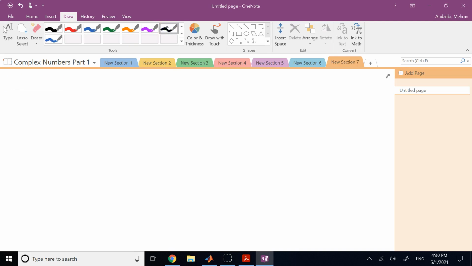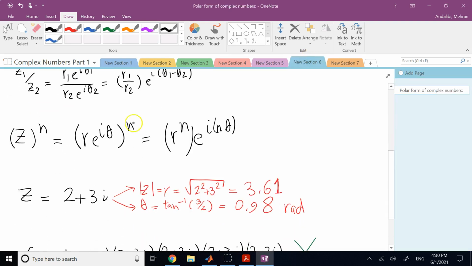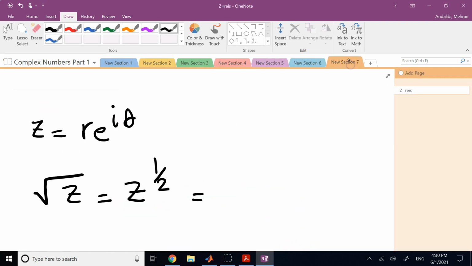So if I have a complex number z, which is written as r e to the i theta, and somebody asks, what is the square root of z? Well, you know, this is the same as z to the power 1/2. And 1/2 is like the previous case of power, where n is just 1/2 instead of 2 or 3.